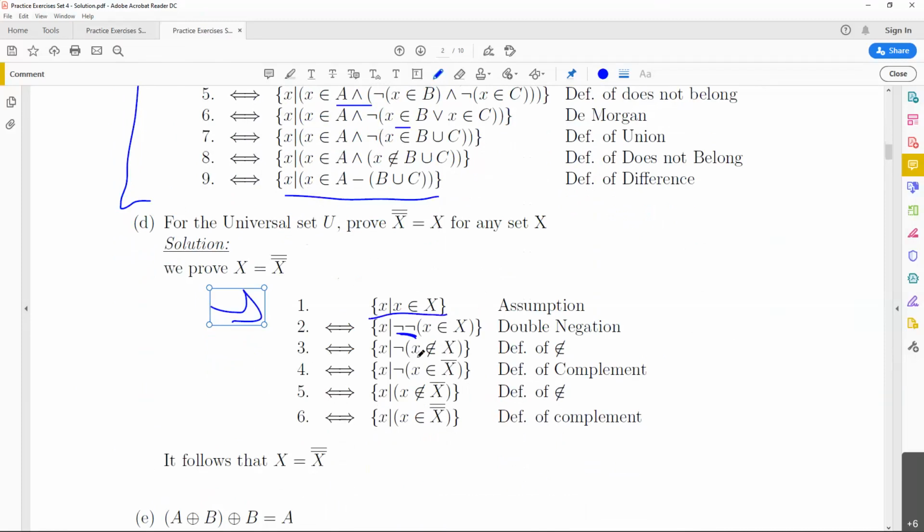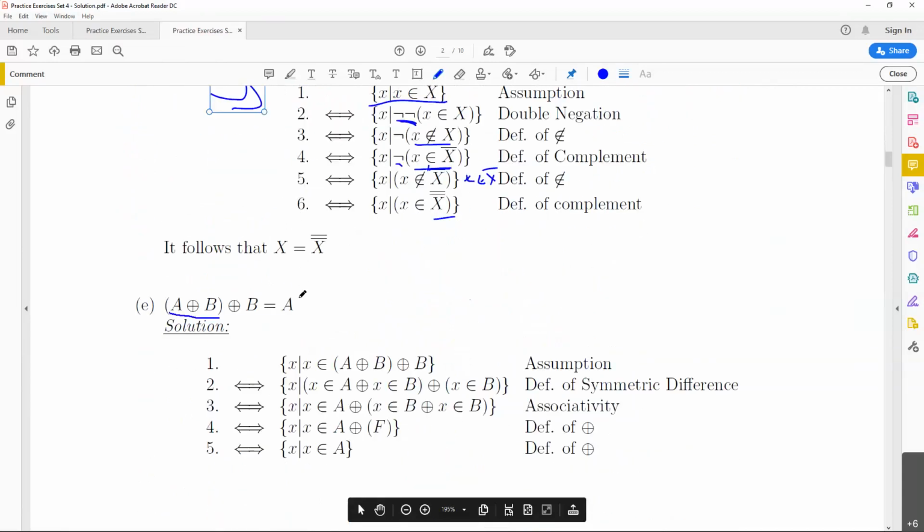Insert the first negation. So it's now X is not in X. But that means that the element is in the complement. Enter the second negation. X is not in X bar. Do it again, the double complement.